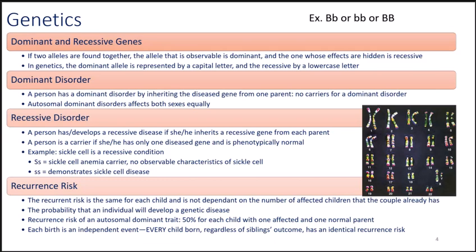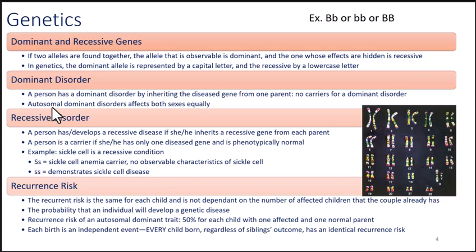Diseases that are caused by an autosomal dominant disease, so referring to these first 22, are going to affect both sexes equally. That's just a rule: if the dominant disease of an autosome occurs, it's going to affect both sexes equally, because it's not pertaining to the sex chromosome.